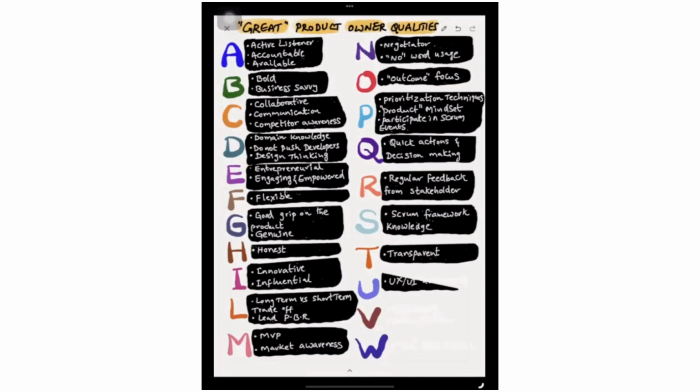Great product owners will also have an edge on UI, UX awareness, so they know how the UX and UI will work. Great product owners are visionaries and take a value-driven approach. And great product owners will always use inclusive, we over I or you. So these are some qualities of great product owner.